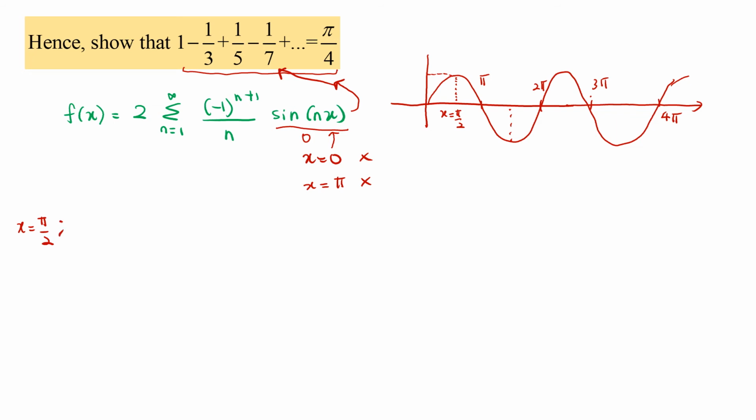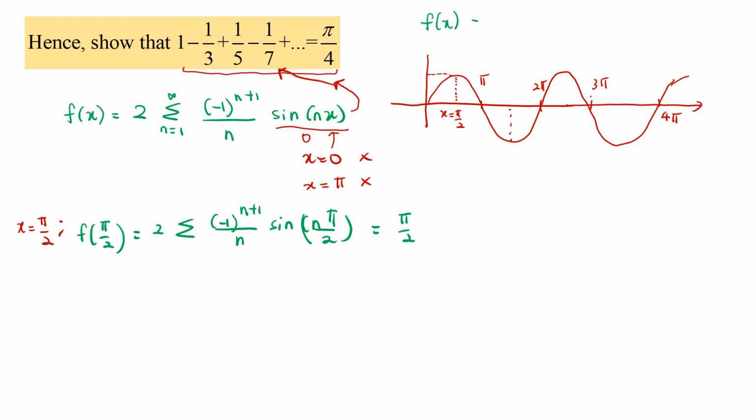We substitute x with pi over 2, and you will get f of pi over 2 equals 2 times the summation of negative 1 to the n plus 1 over n, sine of n pi over 2, where this function is equal to pi over 2, because the question gave that the function is equal to x. So when x equals pi over 2, the function will be equal to pi over 2.